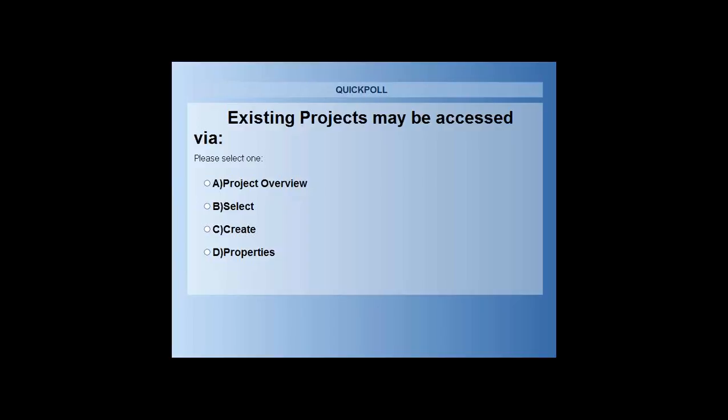This is one you need to think on. If in doubt, just run your cursor across the top of them. It's in your home. You've got Project Overview, Create, Select, and Properties. And we're looking for existing projects.